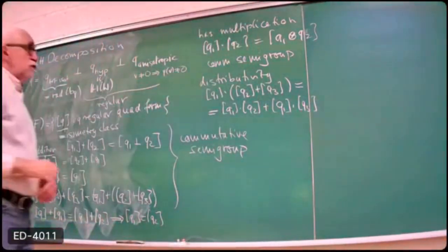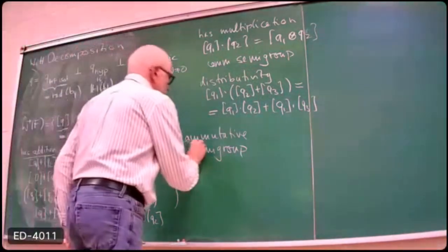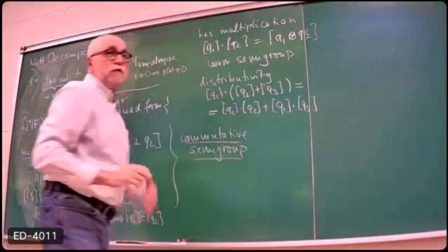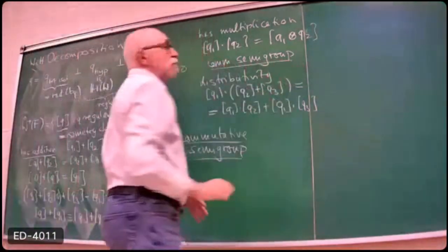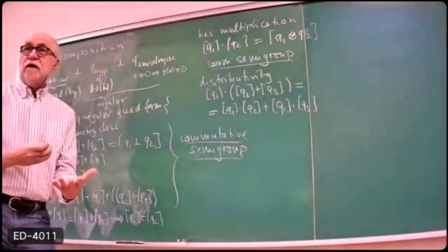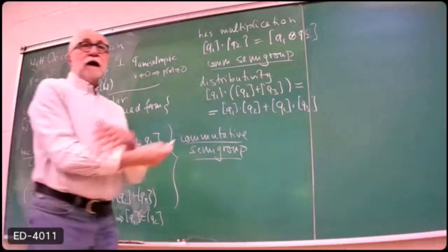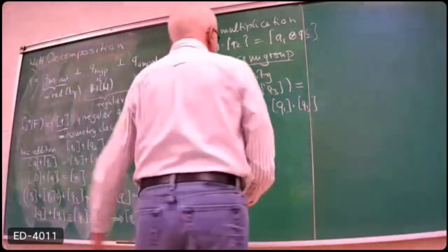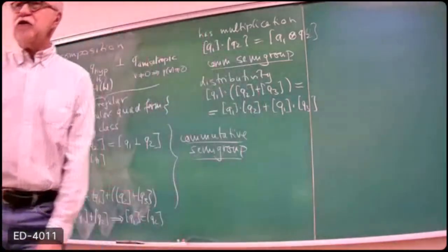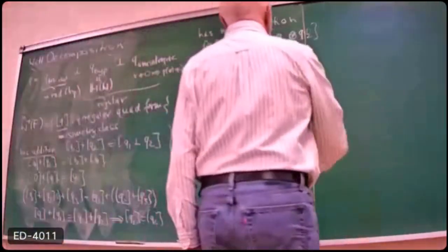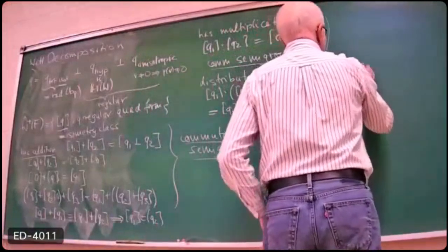Okay, so what did we get? We have a commutative semigroup with respect to addition. We have a commutative semigroup with respect to multiplication, and the two are linked by distributivity. And you may have heard how one calls such a structure. This is called a commutative semiring.